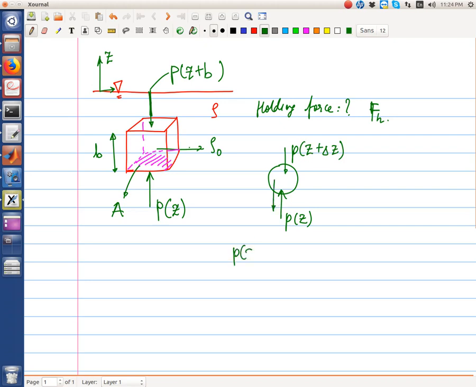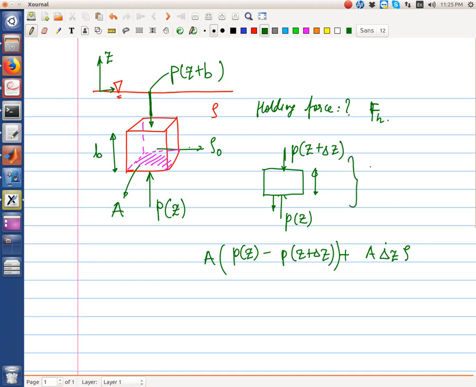So Pz minus P at Z plus delta Z, multiplied by the area, let's make it a cube to cause less confusion, plus area times delta Z, so area times delta Z is the volume, multiplied by the density of the fluid.